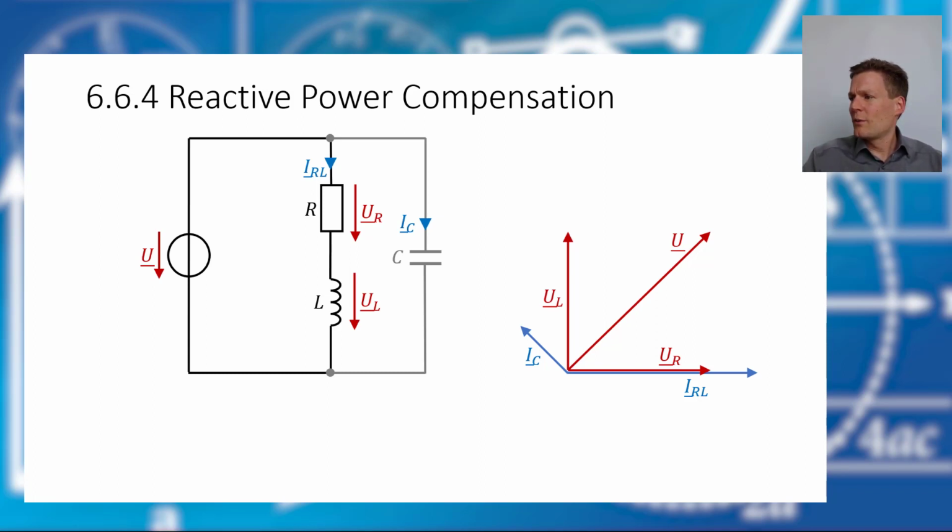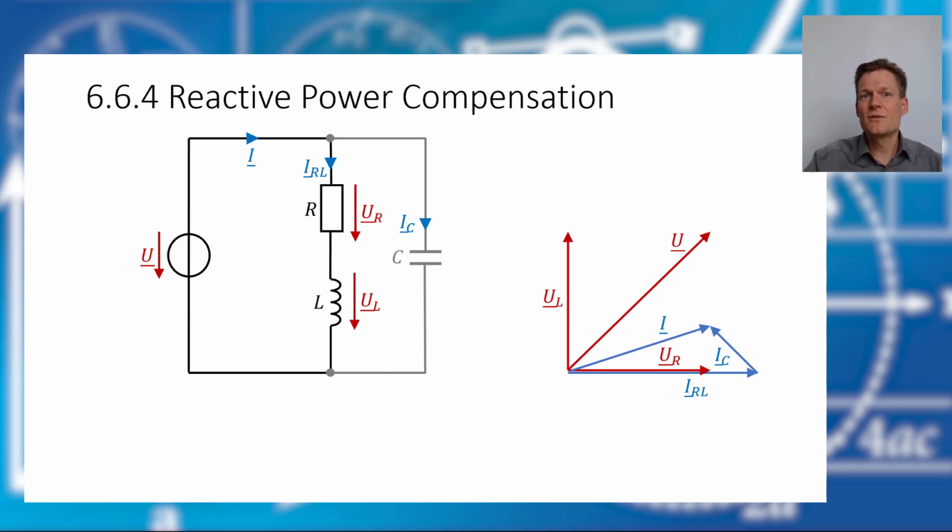Okay, and if we want to calculate the total current here, that will be the sum of the two subcurrents. So if we draw it like this, this will be the total current. So with the capacitor value I used here, we don't have perfect reactive power compensation because the phase shift between current and voltage is smaller now, but it's still there.